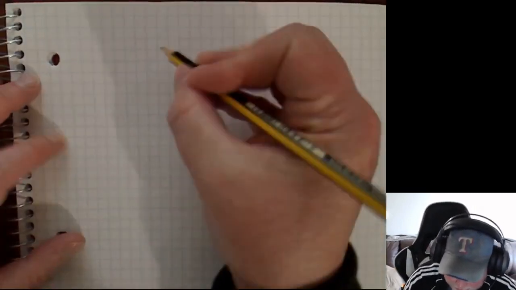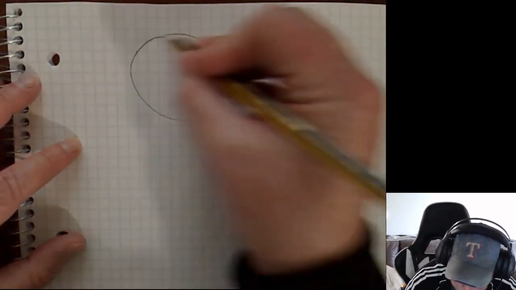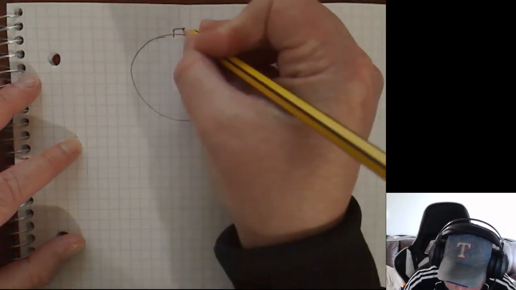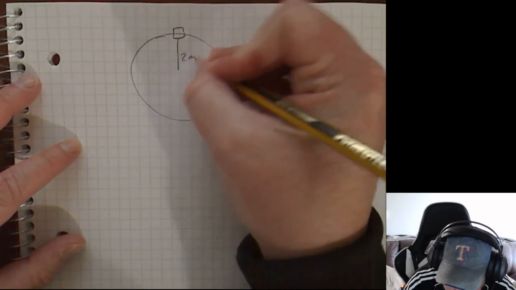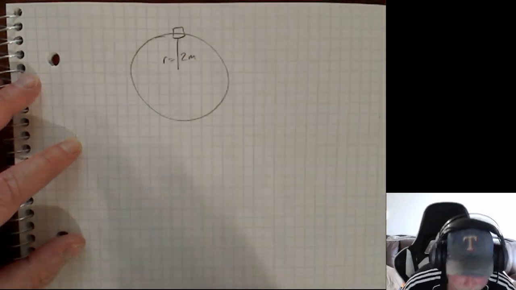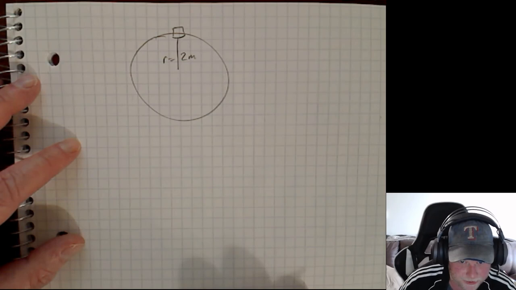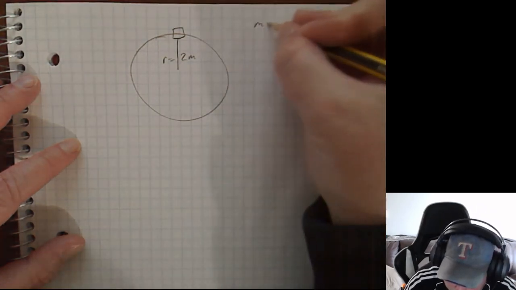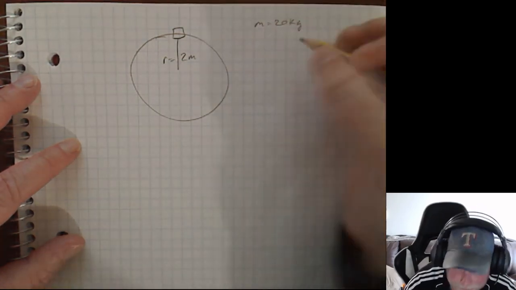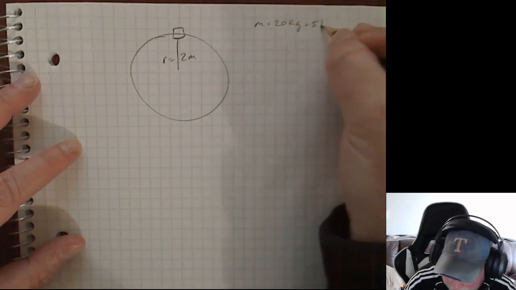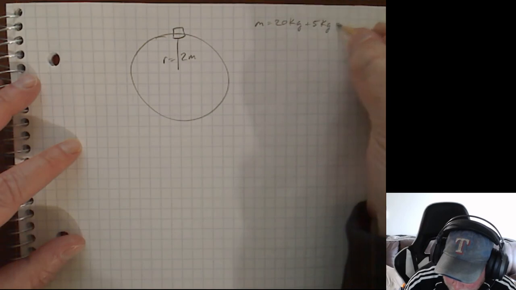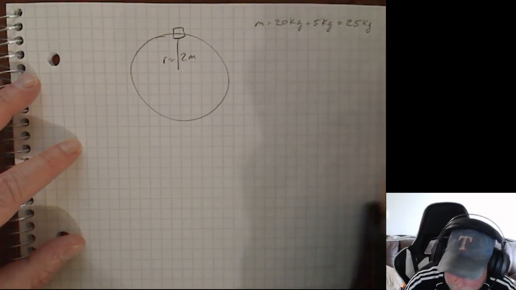Alright, so basically the scenario is you've got circular motion. We're going to say this is a cart. We know that it is attached to a 2-meter rope, and that would be your radius. The mass of the kid is 20 kilograms. The mass of the cart is 5 kilograms, so the overall mass is 25.